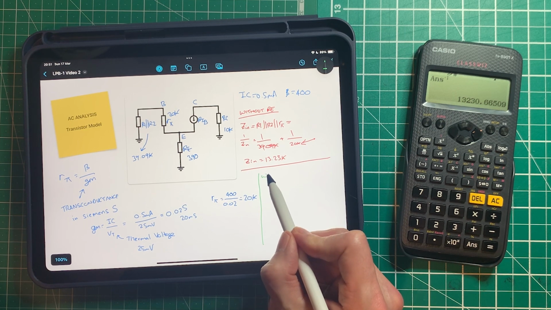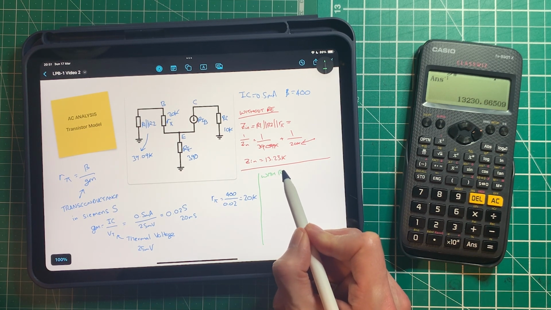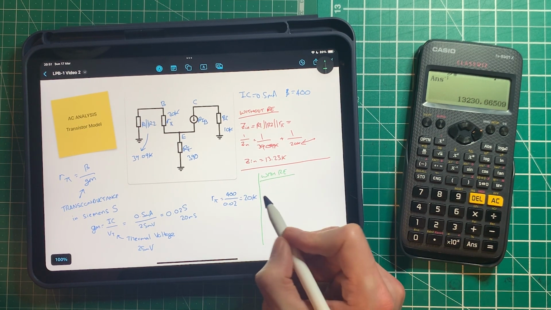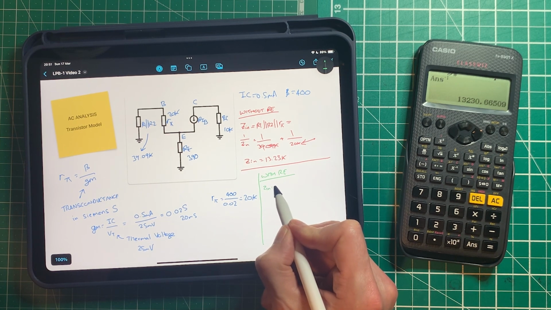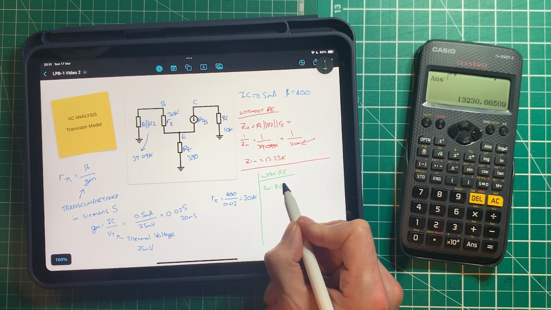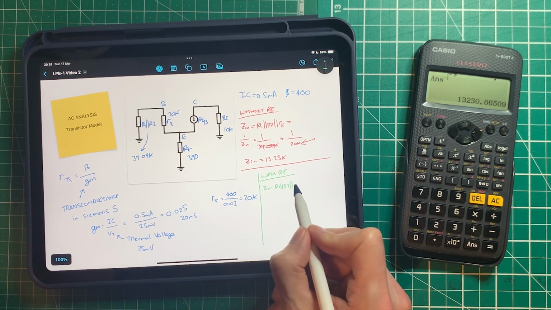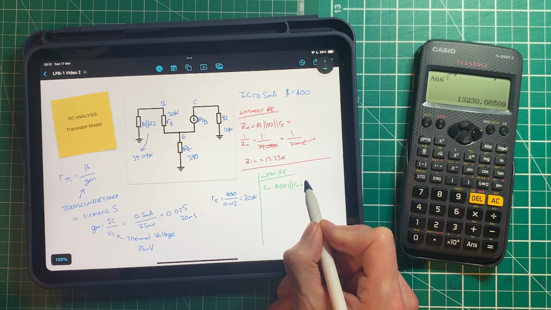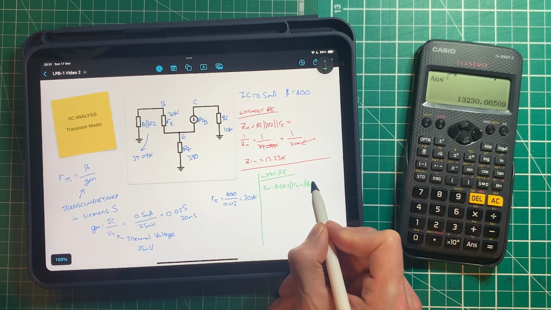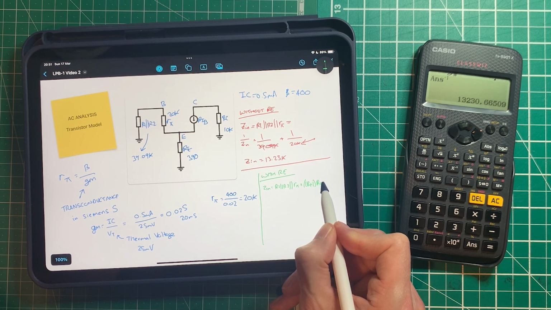So with the emitter resistor, we will now have Z in equals R1 in parallel with R2 in parallel with R pi plus beta plus 1 times RE.